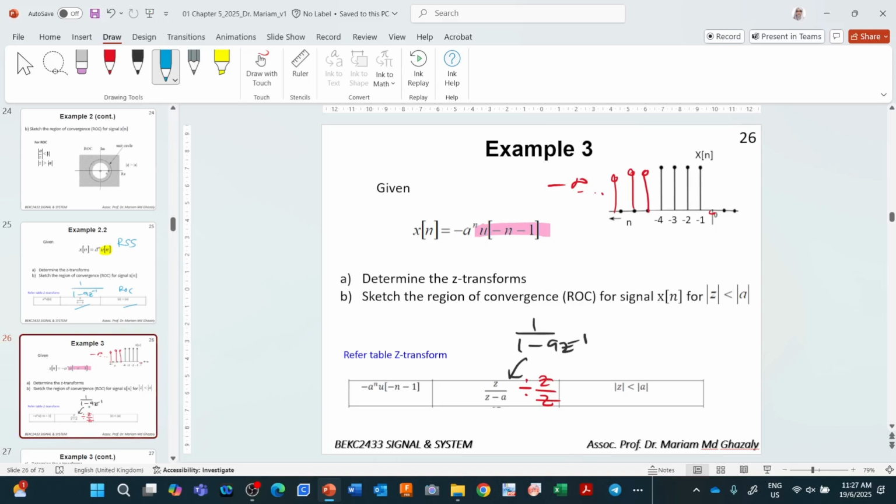So example 3. If you look at the equation, is it a left-sided or right-sided sequence?